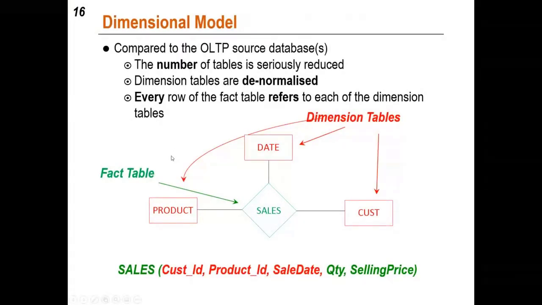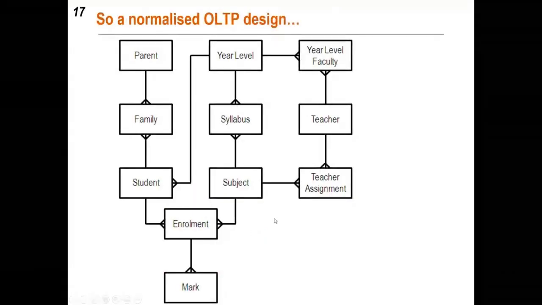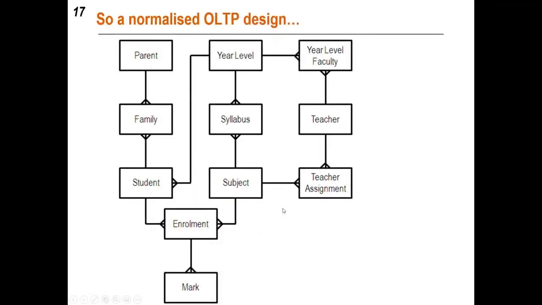Yeah. So this is the dimension model, as I mentioned before. Every row in the fact table, in the sales table, actually refers to one of these dimensions, as I mentioned before, highlighted in this particular schema. In a normal transaction processing system, we may have designed our entity relationship diagram something like this. Now, this is a typical example.